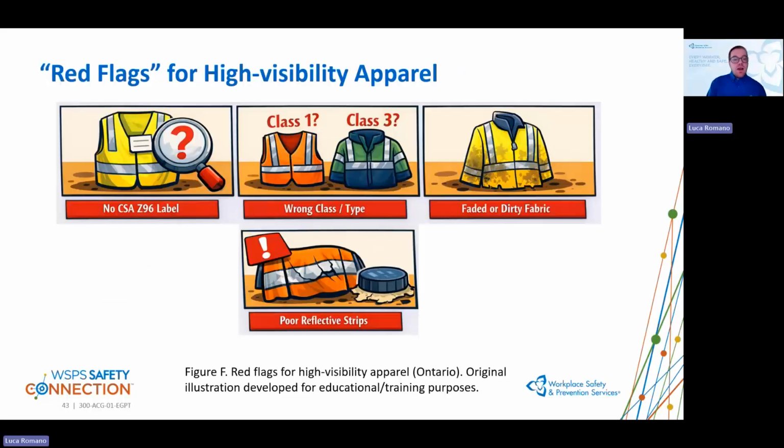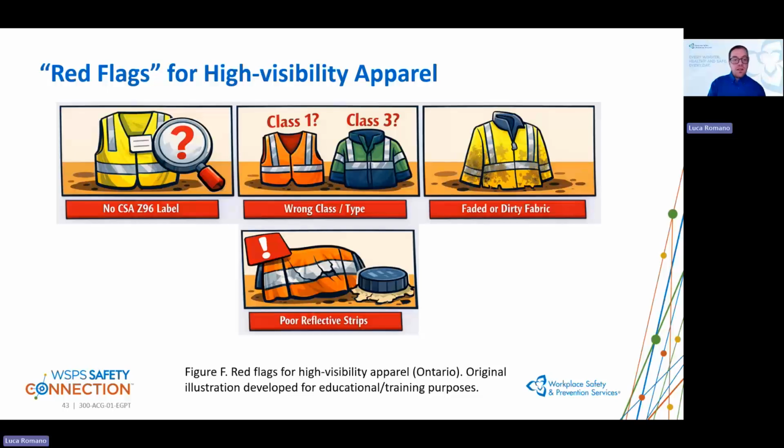Okay, so now we're going to talk about high visibility apparel and red flags for that. To start off, there should be a CSA label on either the tag or somewhere on the apparel. Sometimes the counterfeiter can send you a type of apparel that is not for the right class that you ordered.